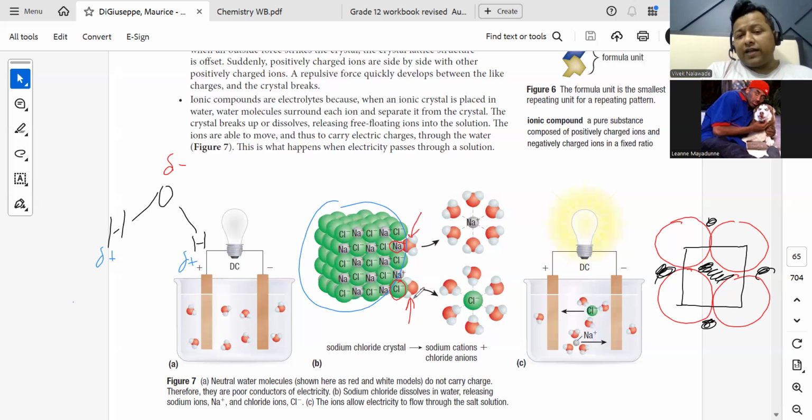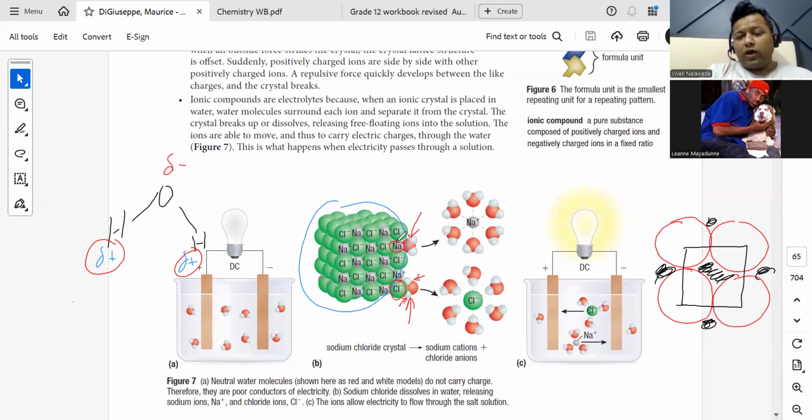But if you see the attack, the chlorine is attacked from the hydrogen side. The reason is very simple: there is a partial positive charge on the hydrogen, so it will definitely attack the negative center. Whereas the cations are attacked by the oxygen. Does that make sense?